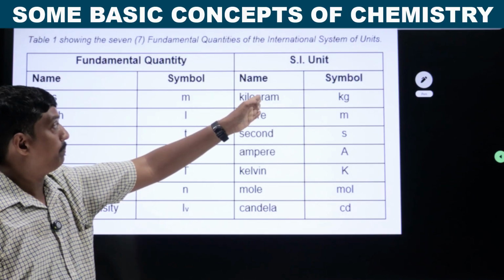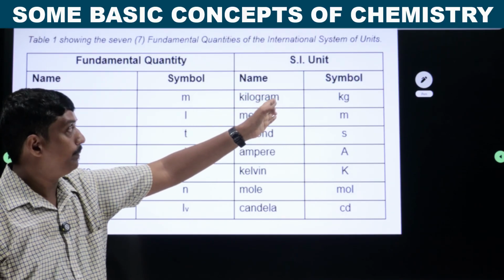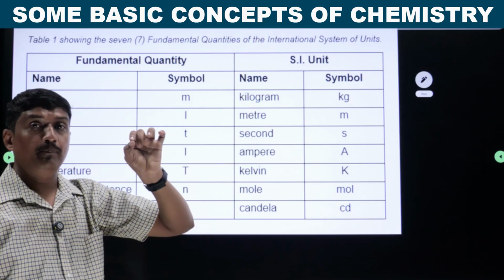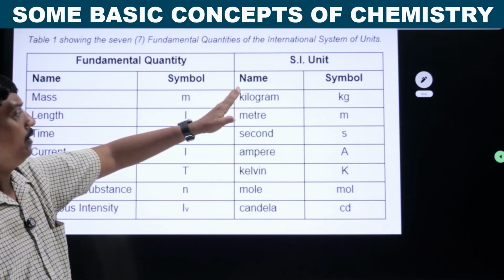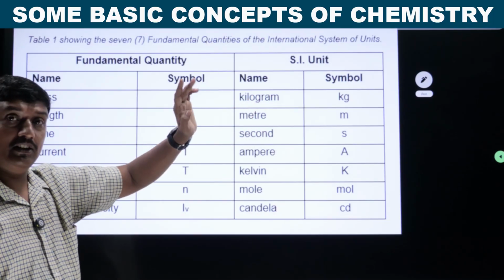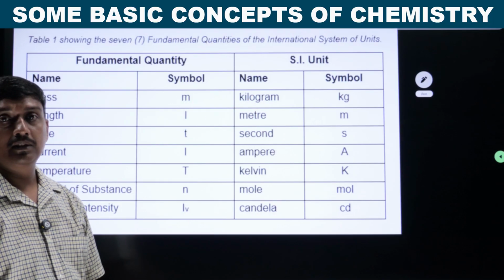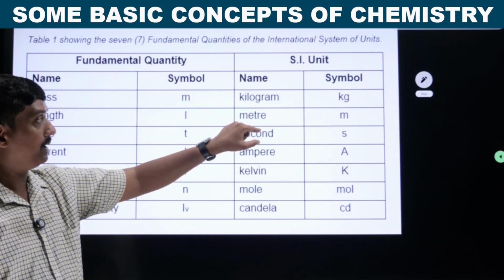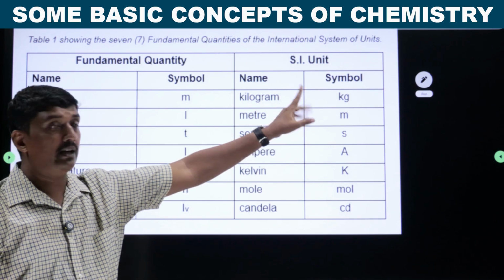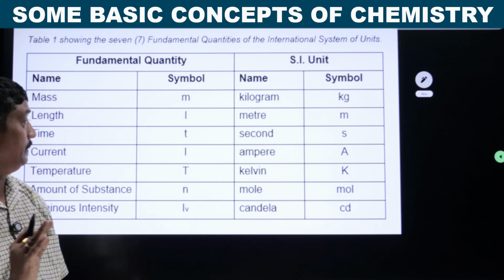How is this represented as a unit? It is kilogram, kg. K should be small, G should be small. If you write capital letter K, it is the representation for Kelvin, and if it is just capital letter G, it's gravity. Therefore, it should be small letter k and small letter g.